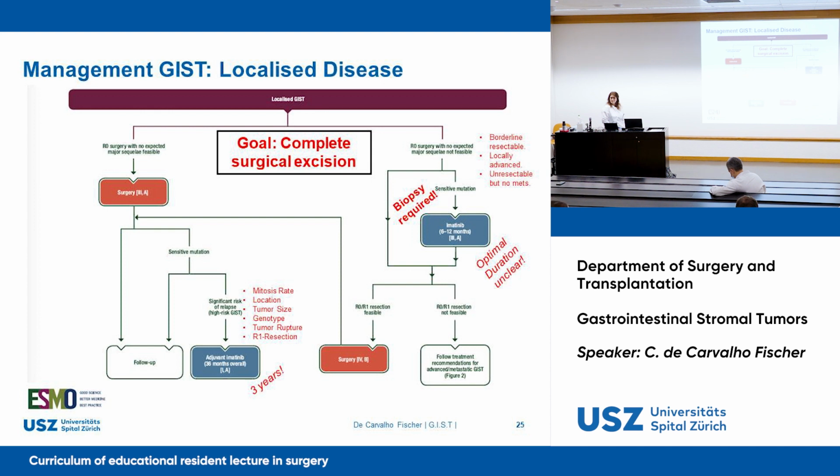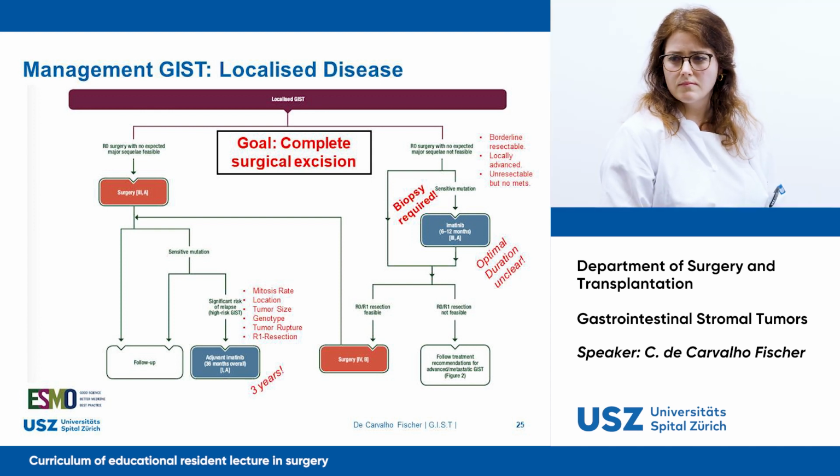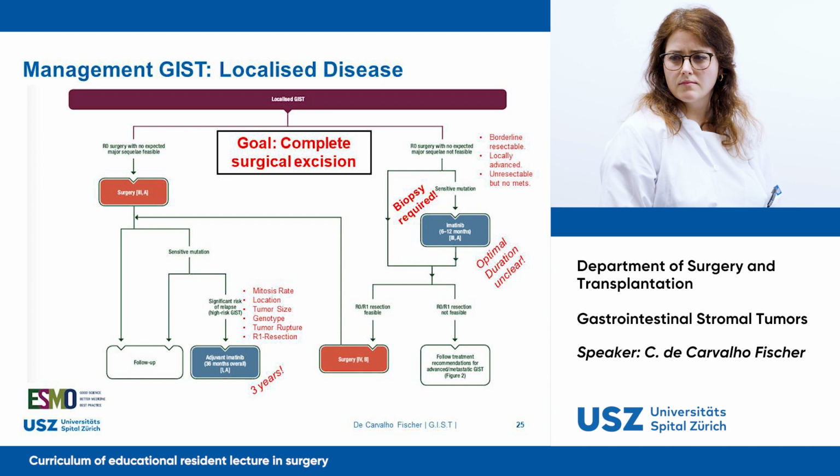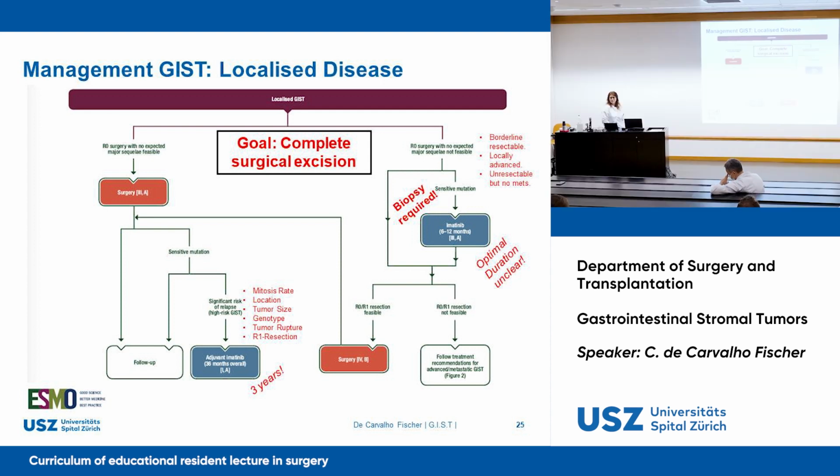I think the main goal, as you have said, is that we achieve an R0 resection with tumor-free margins. And in contrast to other malignant intestinal disease, we are not forced to perform systematic lymphadenectomy. So, for example, for a gastric GIST, we don't need to perform a D2 lymphadenectomy, because those tumors typically do not metastasize to the lymph nodes.